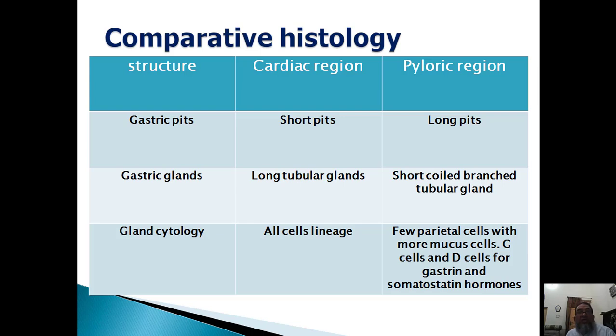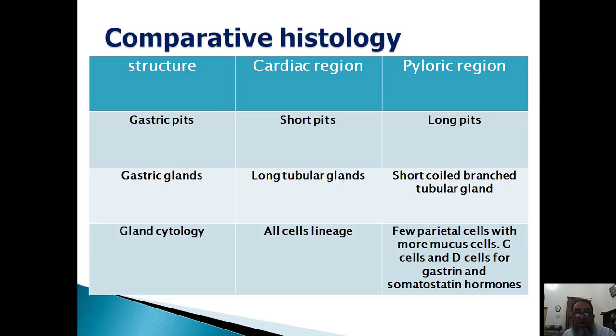Now, the comparative histology region-wise of the stomach: cardiac region and pyloric region. Structure: gastric pits, short pits, long pits. In the pyloric region the gastric pits are elongated, whereas in the cardiac region they are short pits. Gastric glands are long tubular glands in the pyloric region, whereas in the cardiac region they are short branched tubular glands.